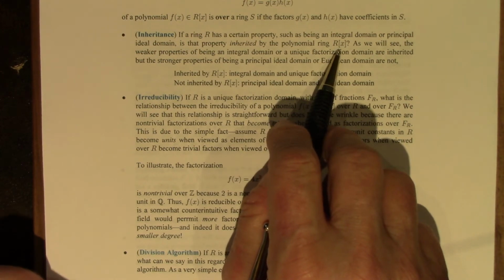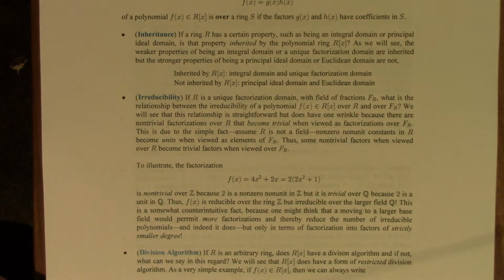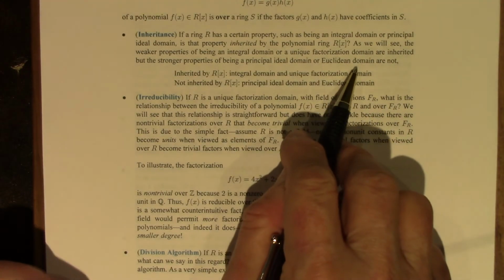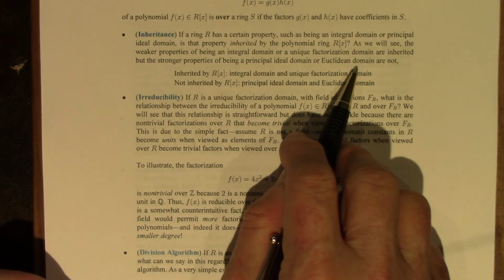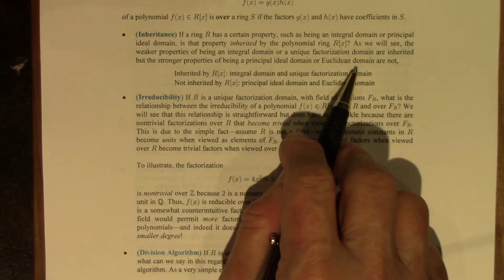As we will see, the weaker properties of being an integral domain or a unique factorization domain are inherited. But the stronger properties of being a principal ideal domain or Euclidean domain are not inherited. They may happen accidentally, but they're not inherited.